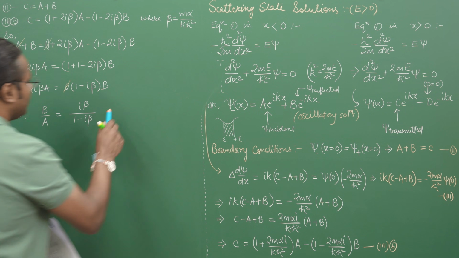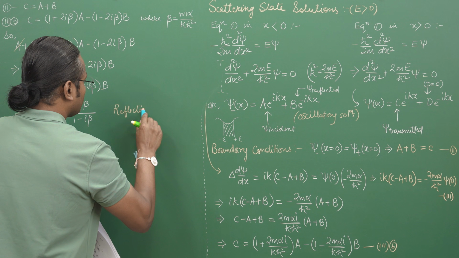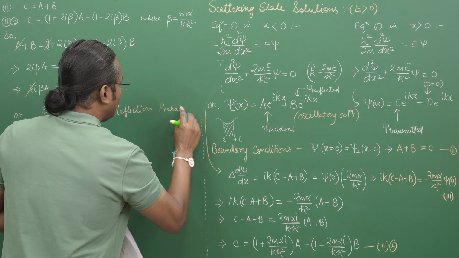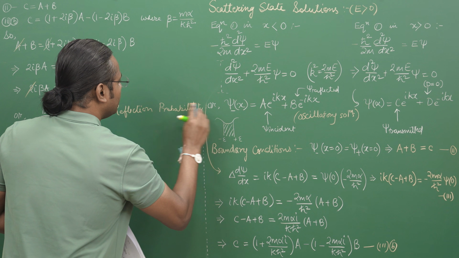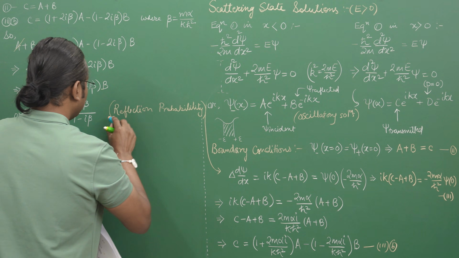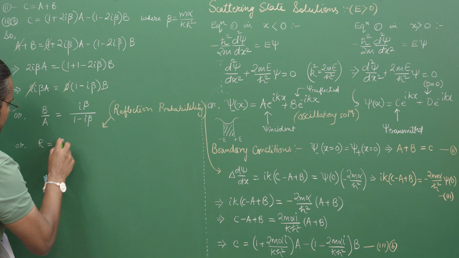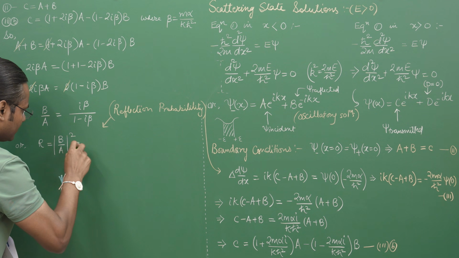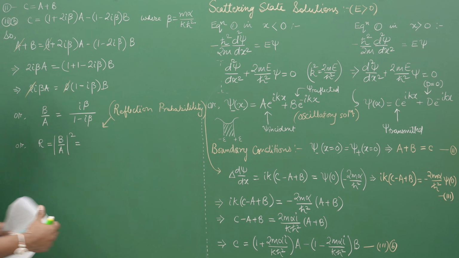So if I am interested in finding the reflection probability, that is, what is the probability that the particle encountering this kind of a Dirac delta potential will go back, that is nothing but R is equal to B upon A mod square. So this is essentially the amplitude mod square of the reflected wave upon the incident wave.